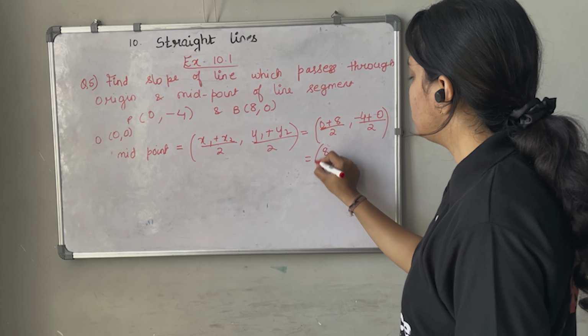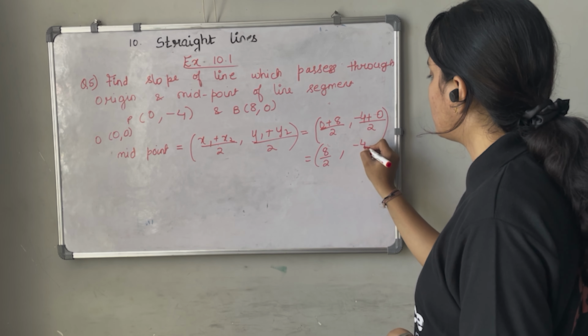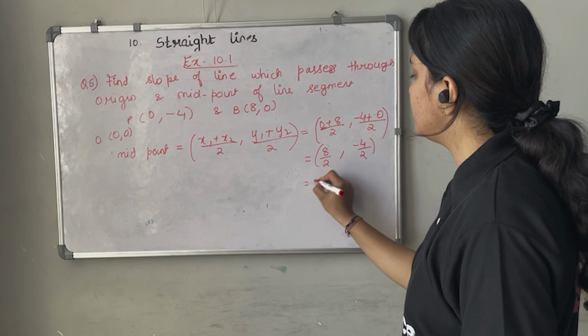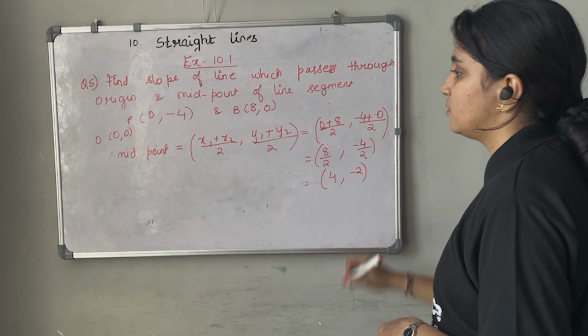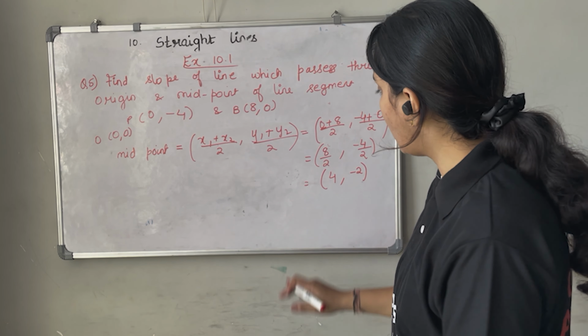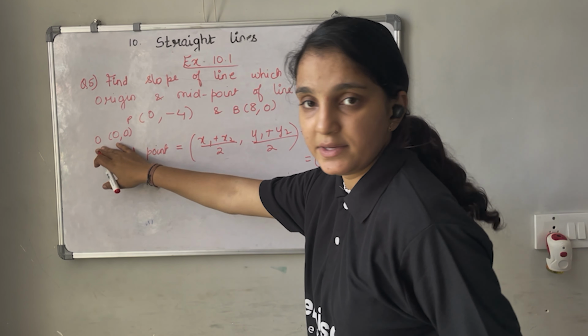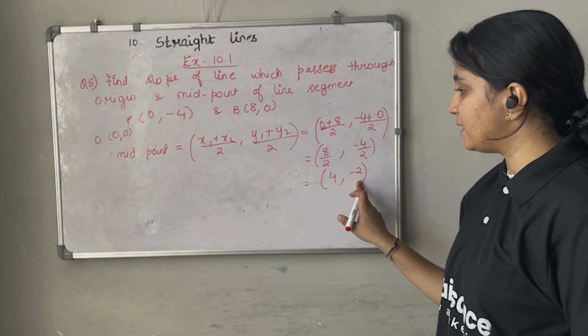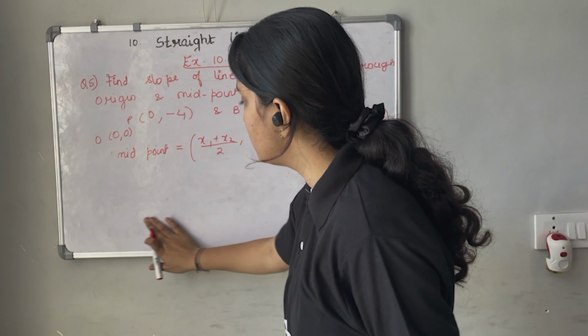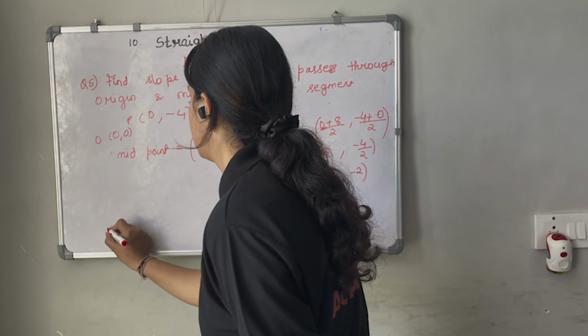So 8 upon 2 comma minus 4 upon 2, so it will be (4, -2). Now the first point is O (0, 0) and the next point is (4, -2). We have to find the slope between these two points.